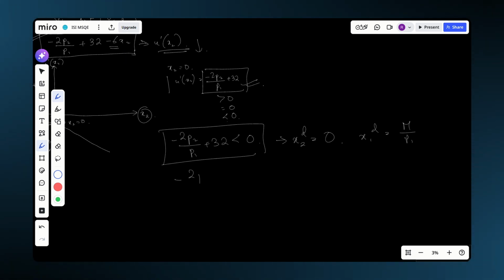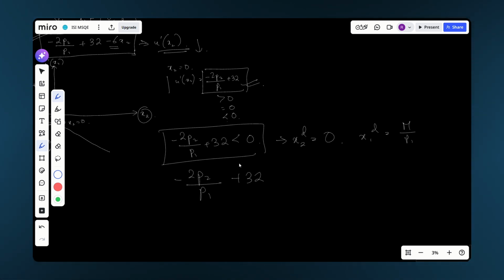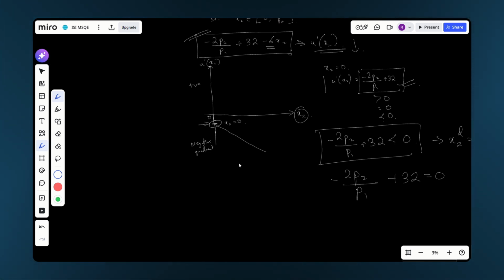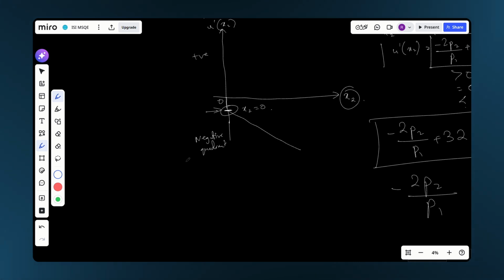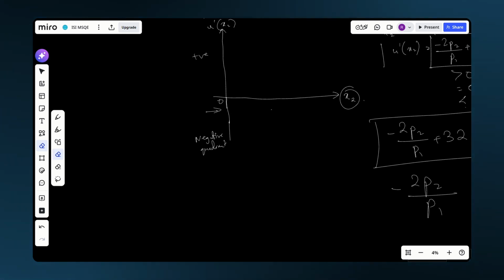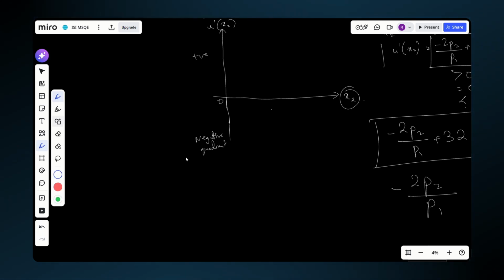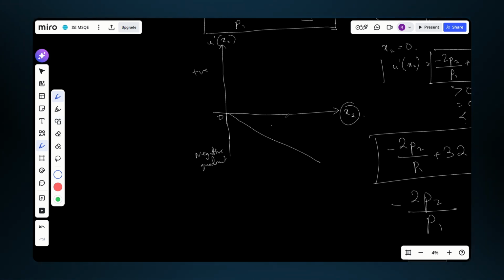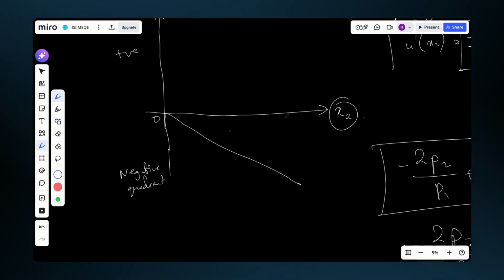Now if minus 2p2 by p1 plus 32 is equal to 0, then in this case our u dash will look somewhat like this.